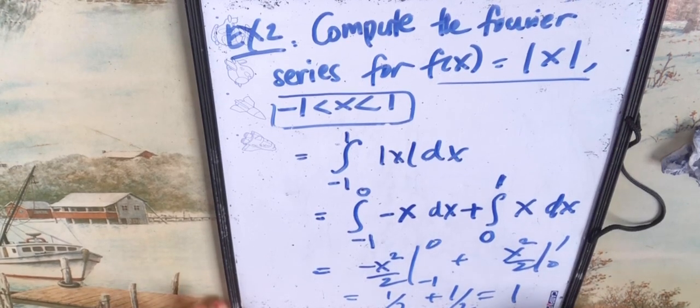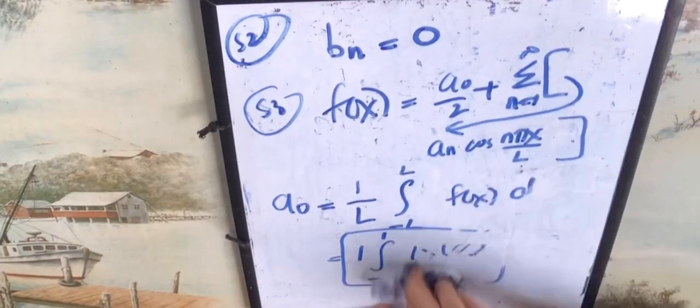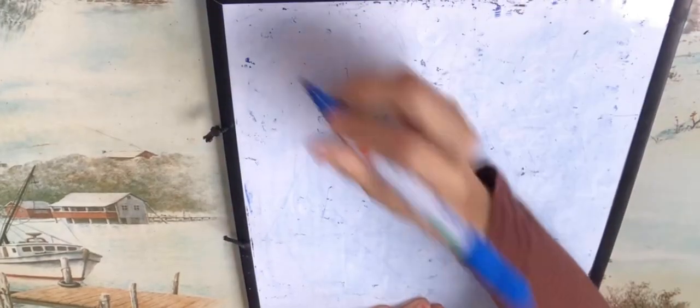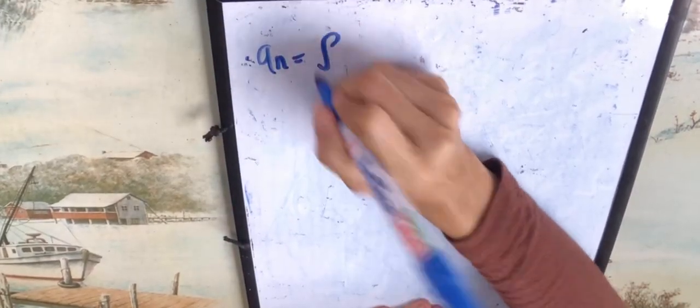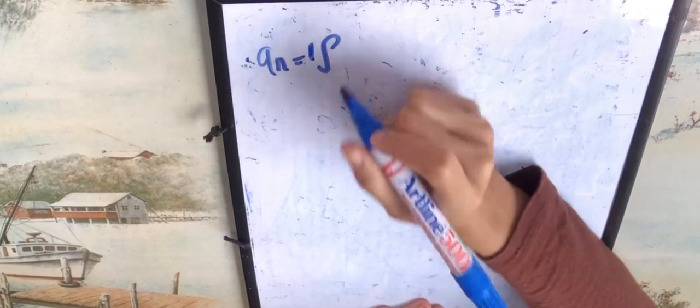Now the next one is you need to find your a_n. Your a_n you do the same thing. Here it is 1, but you can write it too.